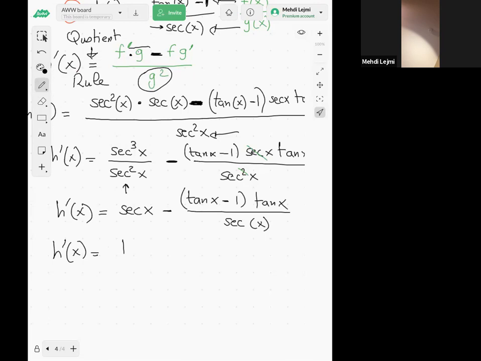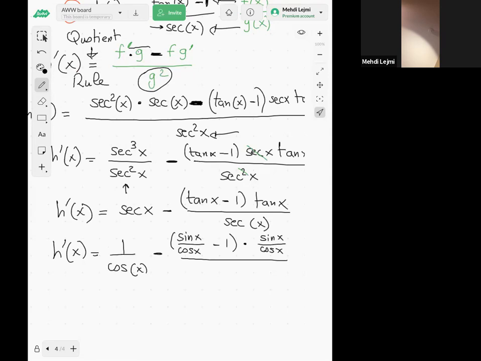This is 1 over cosine, minus tangent of x. Tangent of x is sine of x over cosine, minus 1 times sine of x over cosine, the whole thing over secant of x.